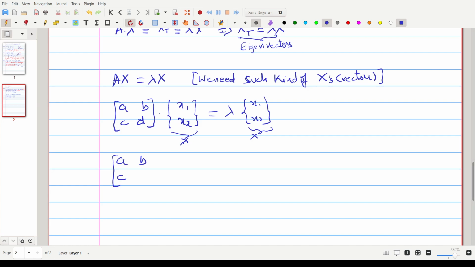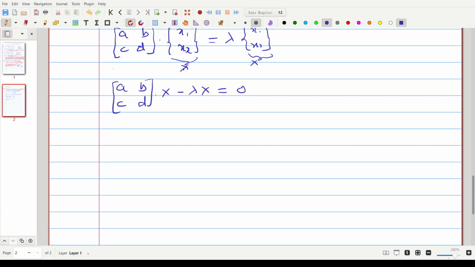A, B, C, D times the x minus lambda times the x is 0. This gives A minus lambda, B, C and D minus lambda times x equal to 0.